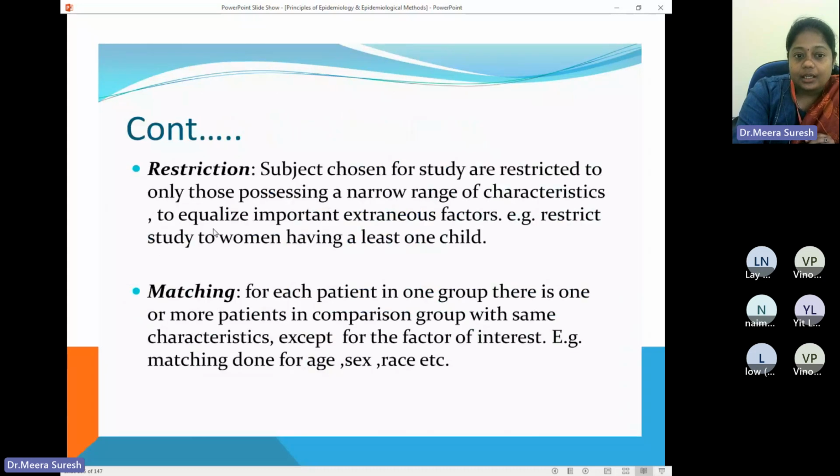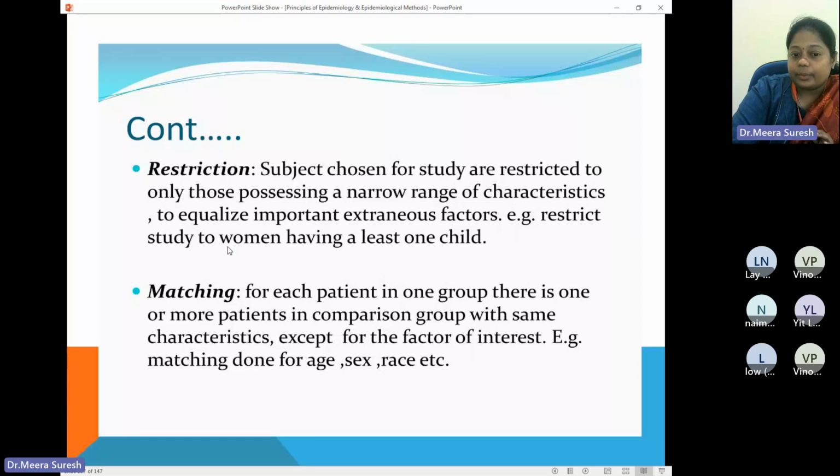And restriction is when we are going to select the people, we keep many inclusion criteria and exclusion criteria to restrict the number of people or the features of the people we are including in our study. So restriction means the subjects chosen for the study, or the sample we select, are restricted to people who have a narrow range of characteristics.